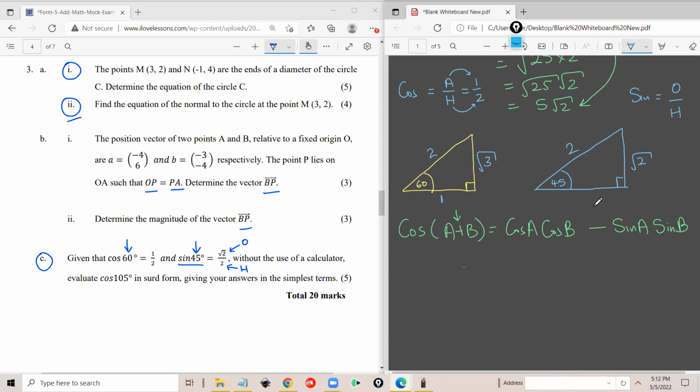So if you use Pythagoras theorem to find this missing side here, you will get, believe me, the square root of 2. Because you have to say the hypotenuse squared minus the length of this side squared, and then you square root the answer.